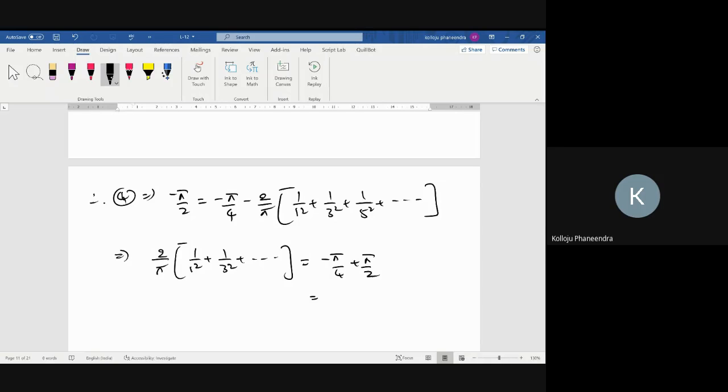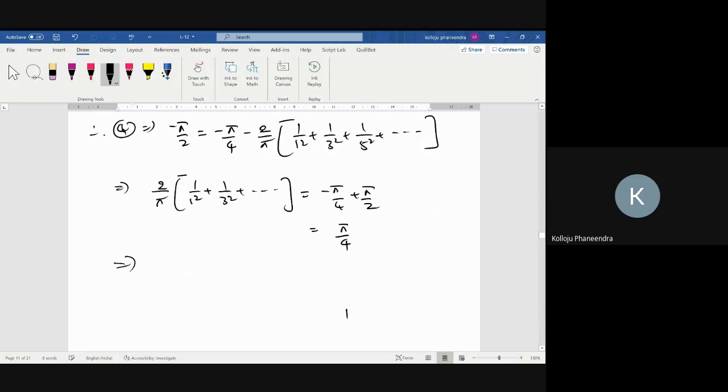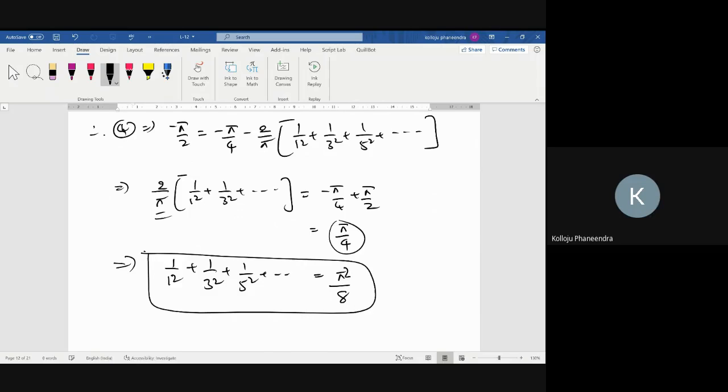Taking the LCM 4: minus pi plus 2 pi, pi by 4. This implies 1 by 1 square plus 1 by 3 square plus 1 by 5 square and so on equals pi by 4 into pi by 2, that is pi square by 8. So this is the deduction.